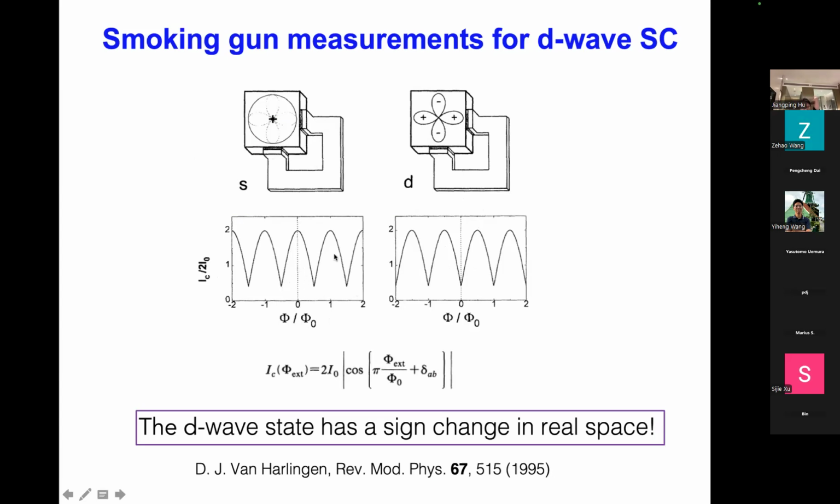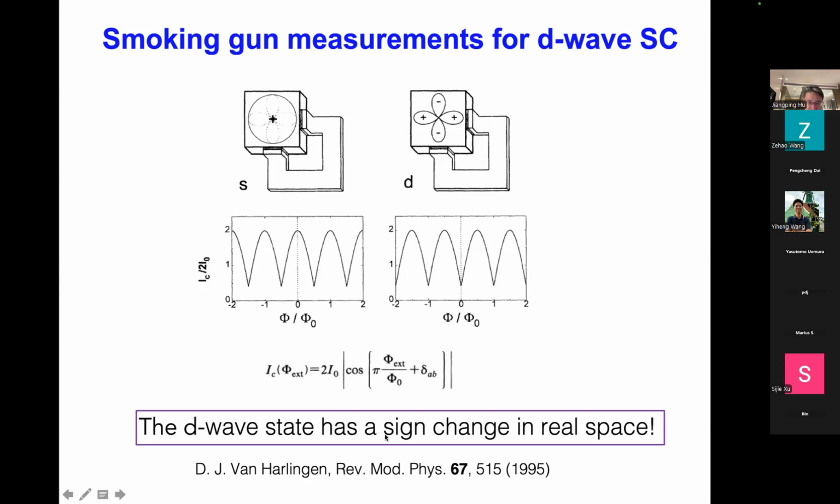For the S-wave, at zero flux you get a maximum, but for the D-wave, you will shift to the minimum. So you can easily see this real space sign change by these phase interferometers.